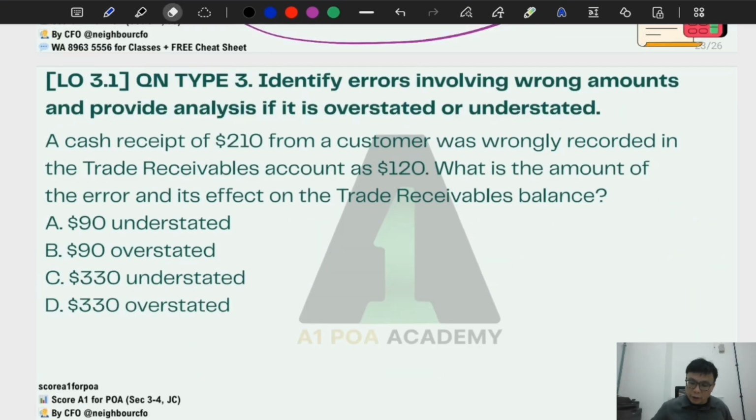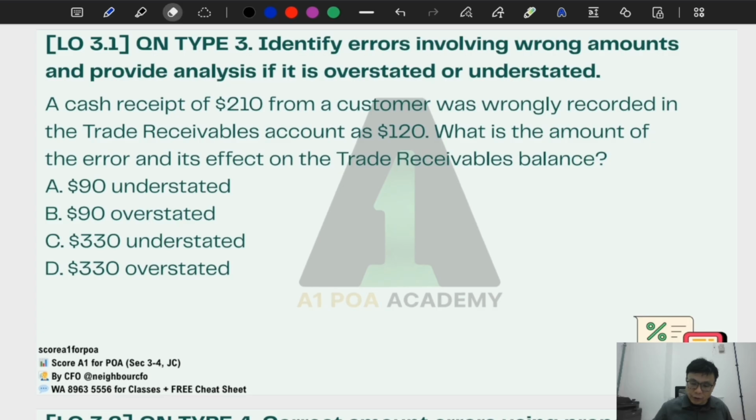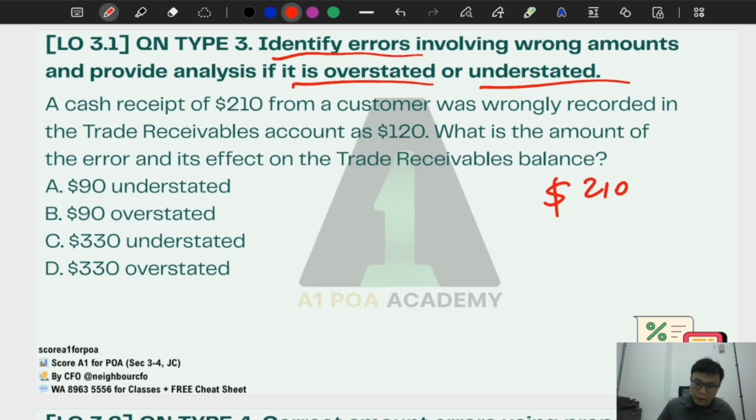Next, we come to the next question, still under LO3. Identify errors involving wrong amount and provide analysis if it is overstated or understated. As follows, a cash receipt of 210 was wrongly recorded in the trade receivable as 120.